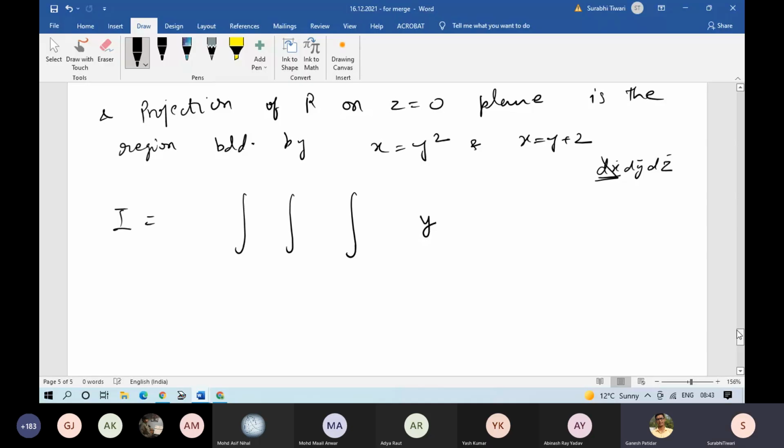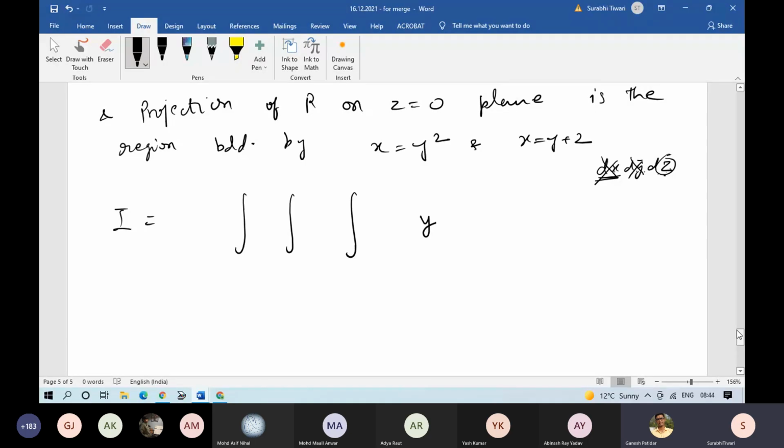Then when this is dissolved, then y should be written in terms of z, and z should have constant limits, so that you get the answer, like you have been doing in the previous double integration also. If it is dx dy, then you write x in terms of y, and then y has constant limit. So here also we'll follow the same rule.